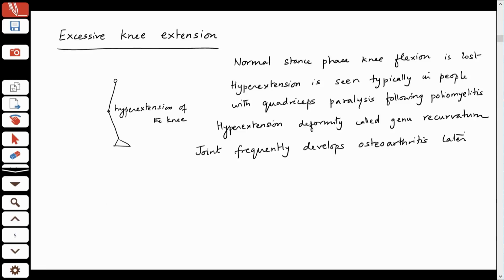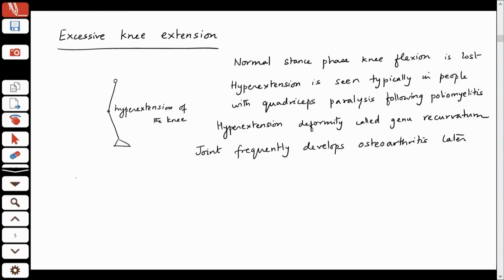So, this could also happen when there is an anatomical leg length discrepancy, okay, or this kind of excessive knee extension, I will call this EKE, also caused by anatomical leg length discrepancy.